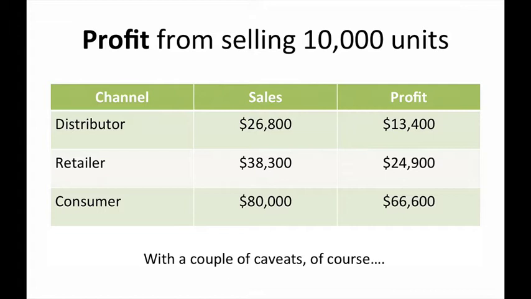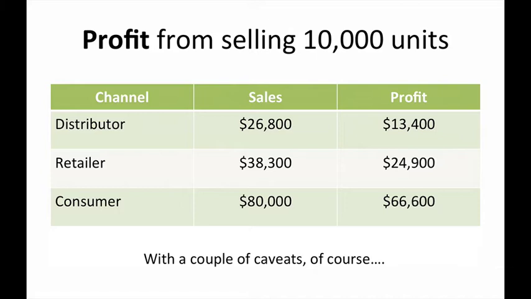So if we take those numbers and you sell 10,000 units, that's just kind of super small. You sell 10,000 units to a distributor, it's $26,000 worth of sales, and you profit $13,400. Retailer, $38,000 in sales, you profit almost $25,000.